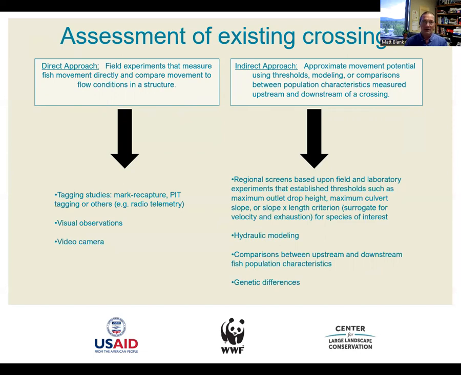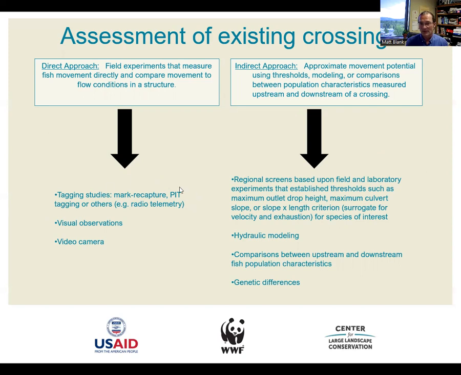But what a direct approach is, where you're actually actively measuring the movement of the fish through that structure, and trying to understand when they can move through, if they can move through, and what kind of conditions they're able to move through. And that's generally done using some sort of tagging experiment. You can do mark recapture studies. More commonly today with structures, I see a lot of, or we also do this as well, what's called passive integrated transponder tagging.